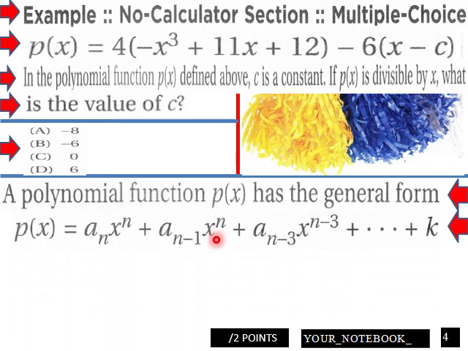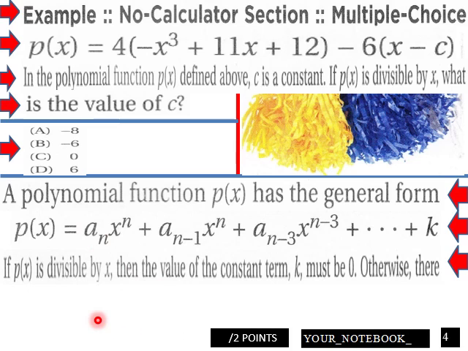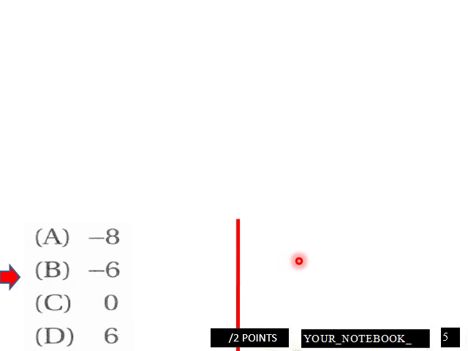A polynomial function has a general form like this here, where you have decreasing order of your exponents, so the degree is in decreasing order, and then you end with a constant over here. If p of x is divisible by x, then the value of the constant term must be 0. Otherwise it will be a remainder.